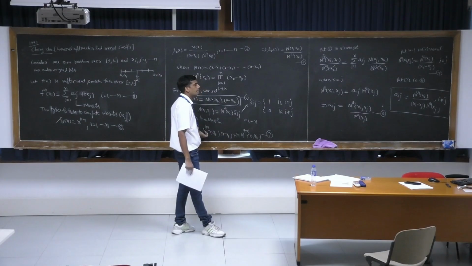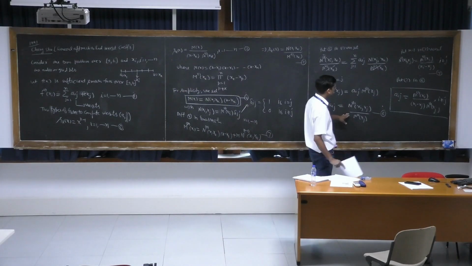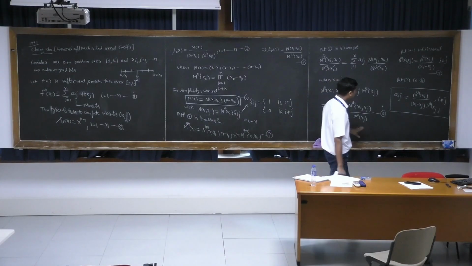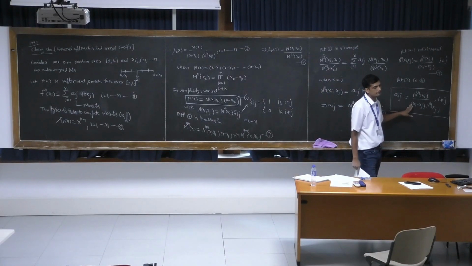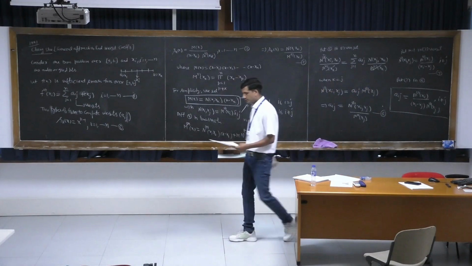So from the sixth equation we can only compute the case when i is not equal to j.